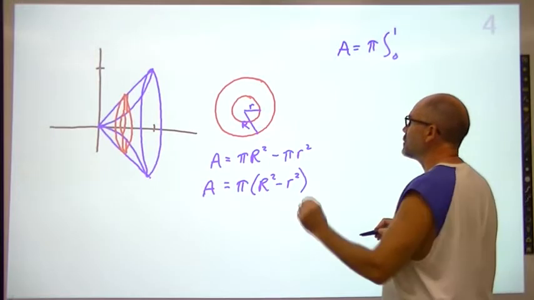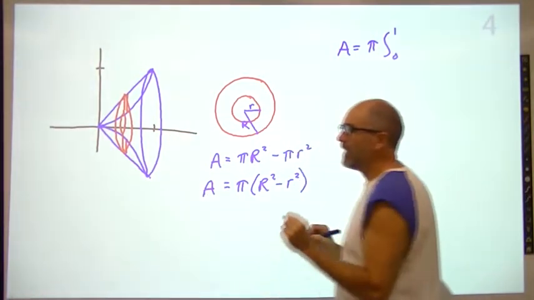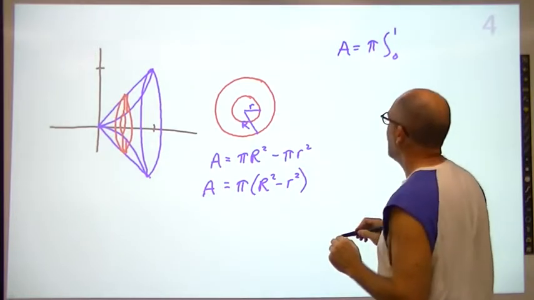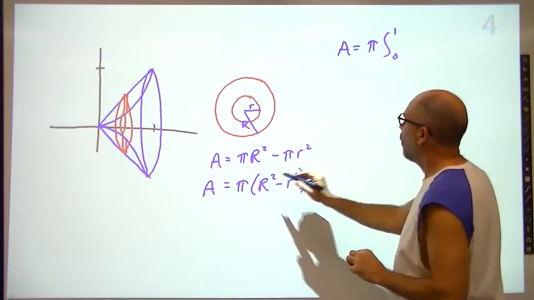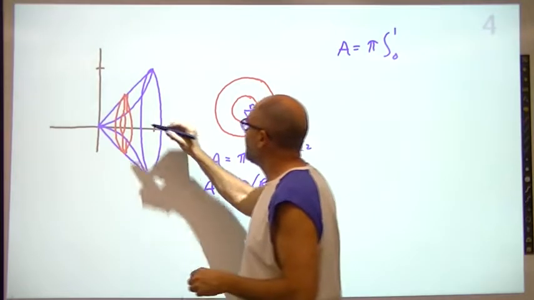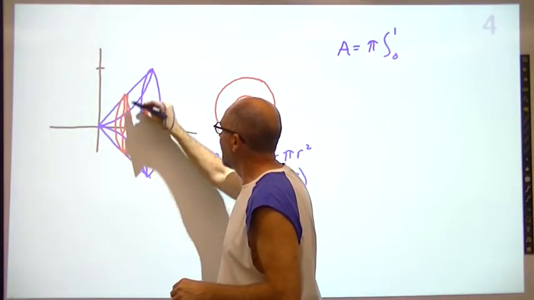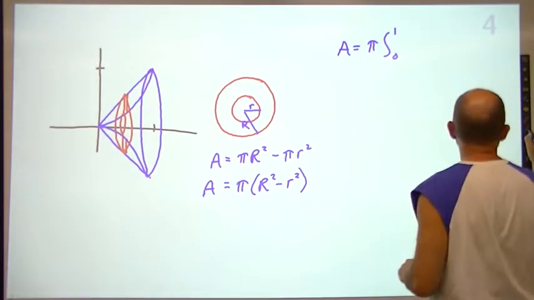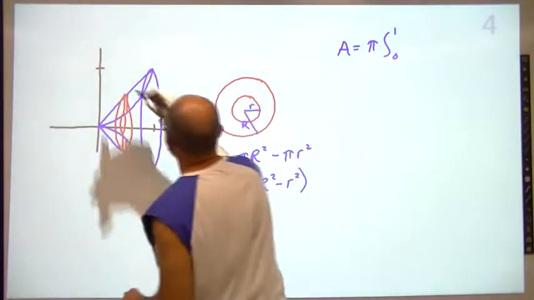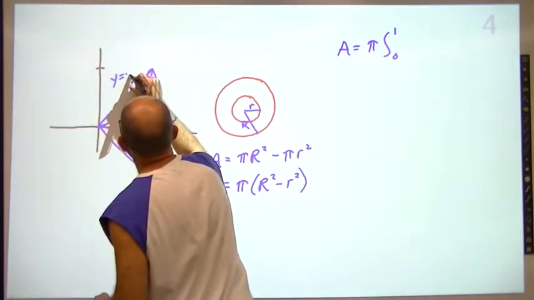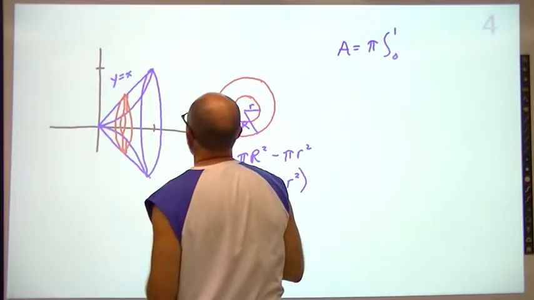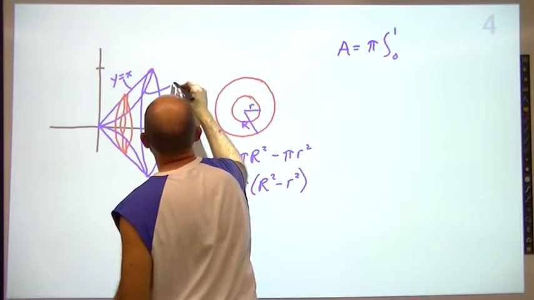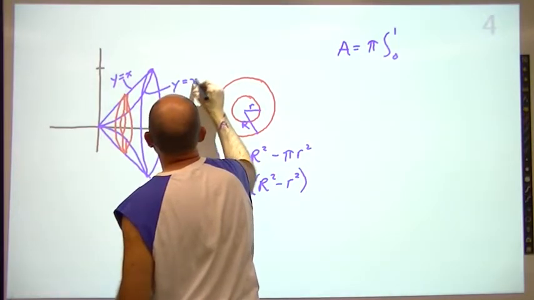And each thickness of each washer is dx. Now, what's capital R? Well, it's the distance from the x-axis up to the top function. And what is that top function? It's y equals x. And what's the bottom function? Y equals x squared.